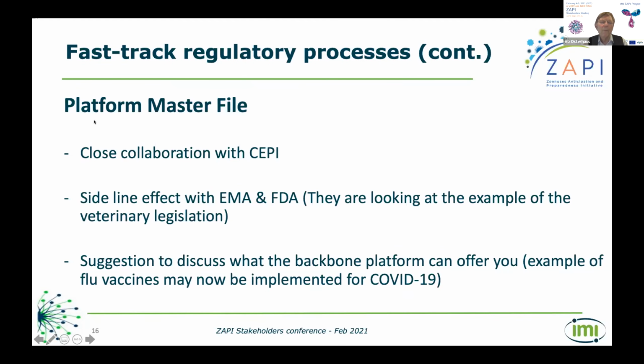So when we are talking about this platform master file, there's close collaboration and consultation with ZAPI, sideline effect with EMA and FDA. They're also looking at the example of the veterinary legislation and suggestion to discuss with the backbone platform, what the backbone platform can offer.